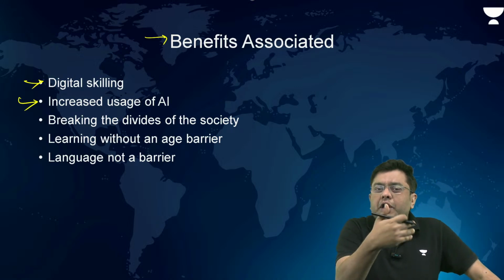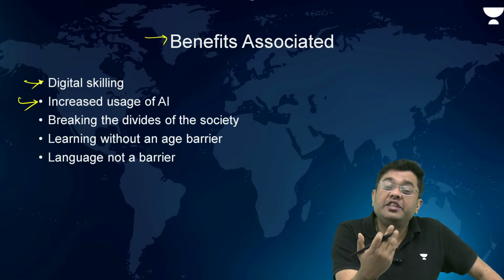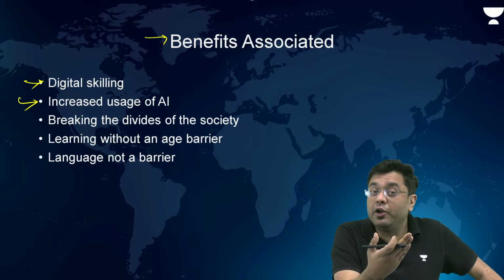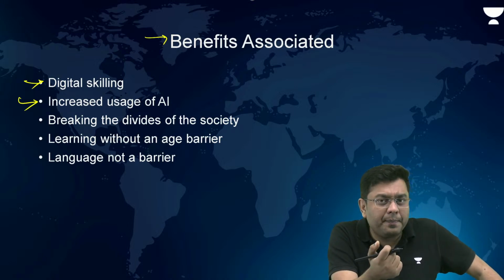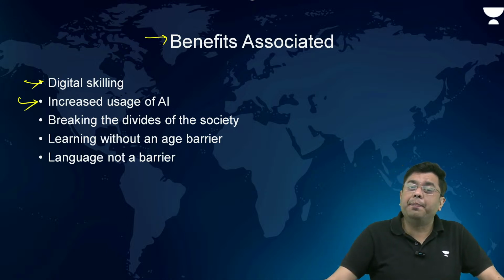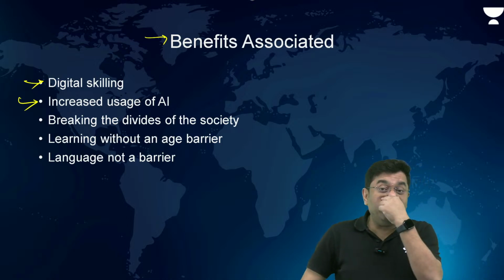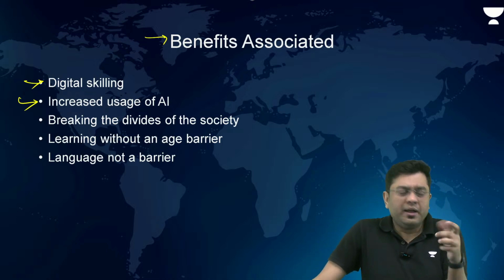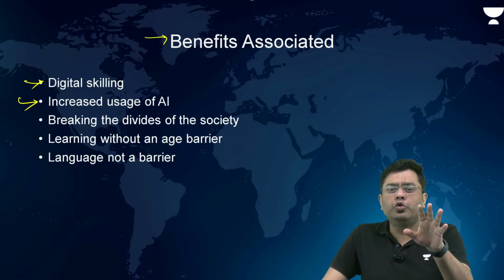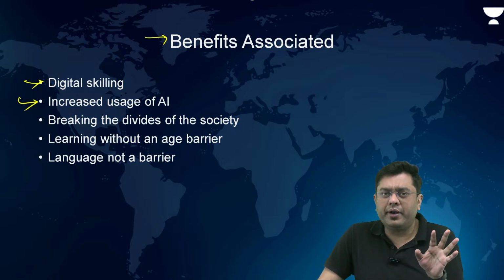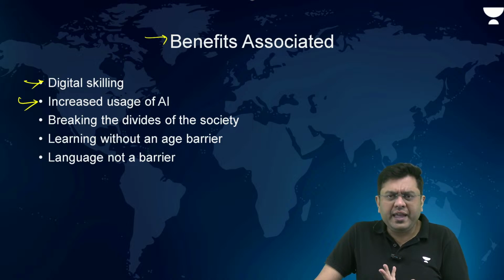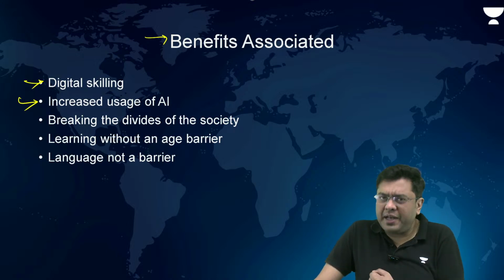Let's suppose you now have various tools which help you understand content in another language as well. Earlier, language used to be a barrier. If you were not well versed in, let's suppose, English, most of the educational materials available online, you would not associate with, and you would not be able to benefit from.